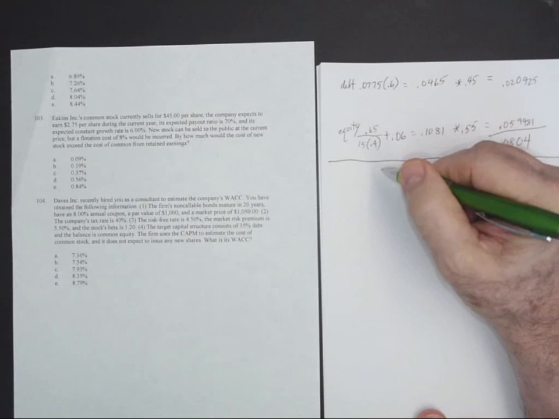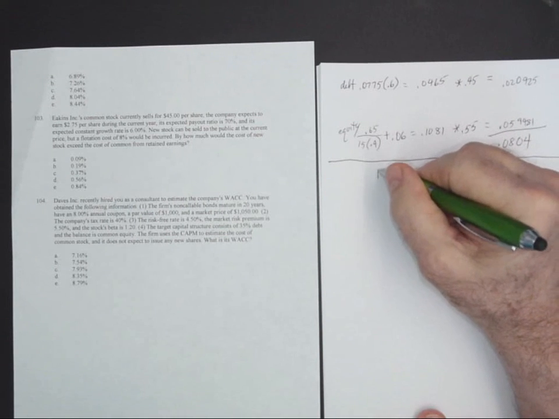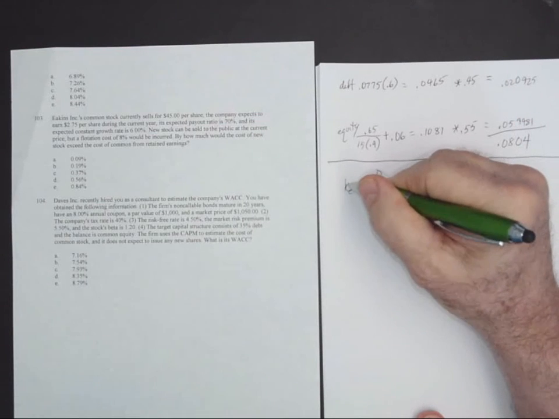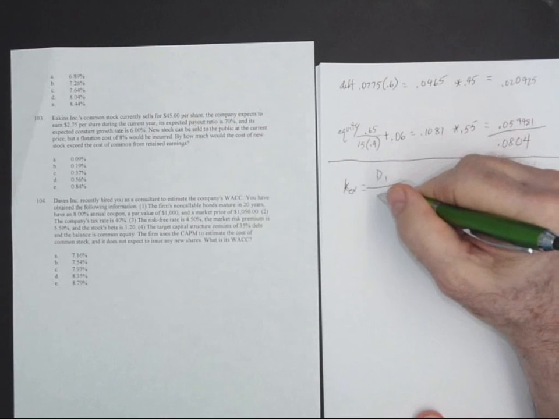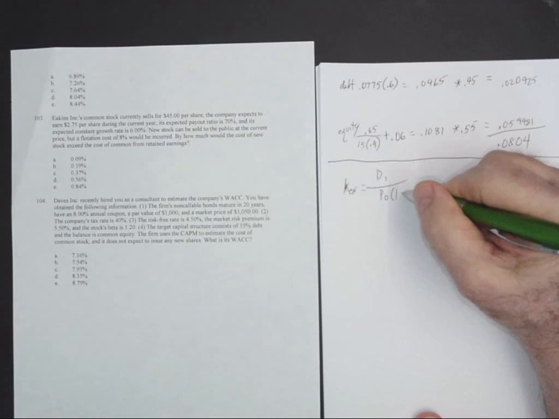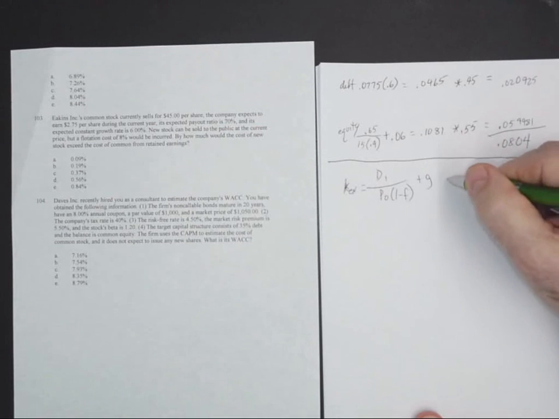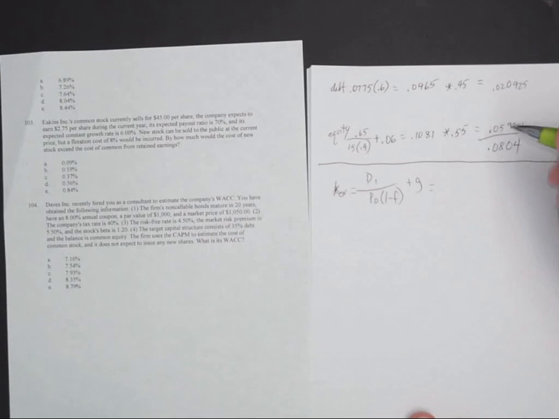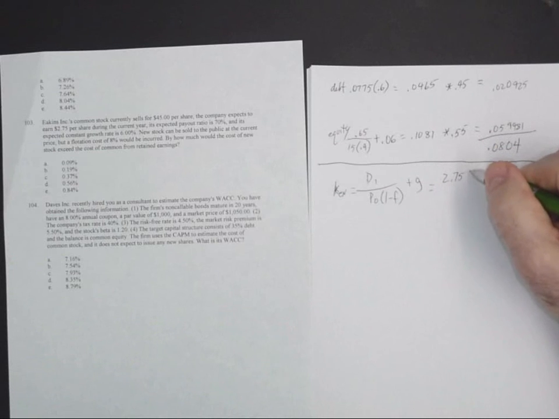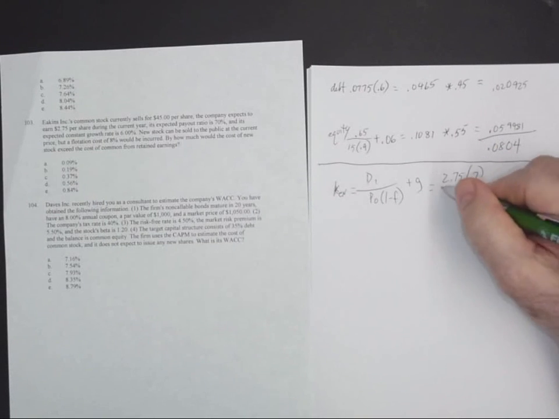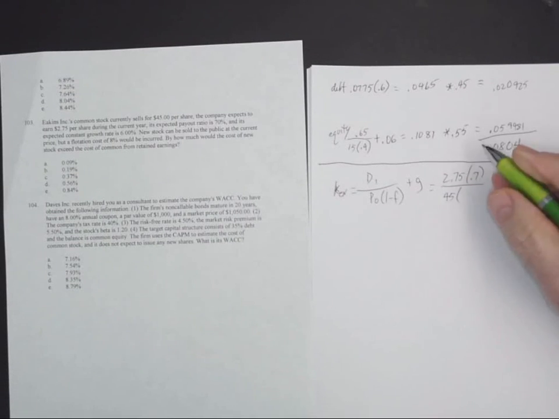But, so the cost of equity, new equity, I'll call it that, is D1 over P0 times 1 minus the flotation percentage plus G, and the D1 is equal to 2.75 times 0.7, and divide that by 45 times 0.92, and add that to the growth rate of 0.06.